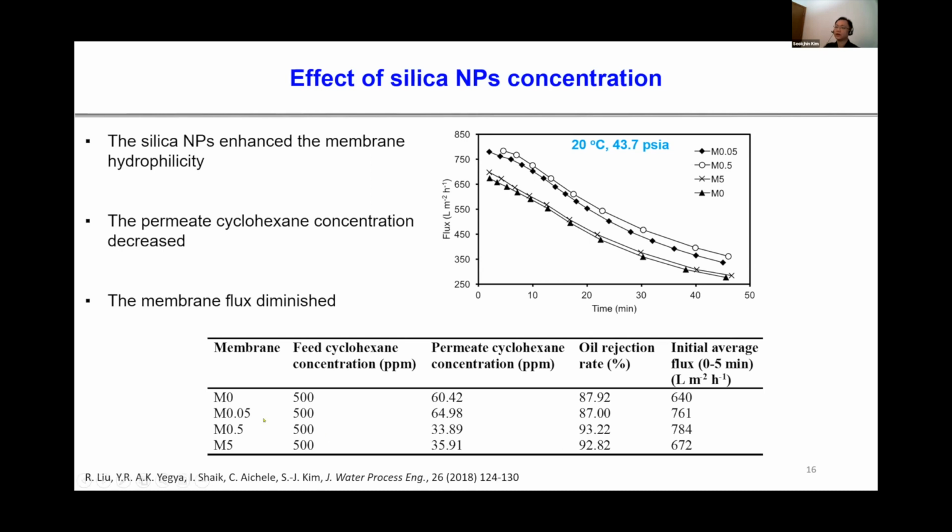Then, when comparing M.5 and M5, although more silicon nanoparticles provide higher hydrophilicity on M5, the flux of M5 is around 670, which is lower than the 780 of M.5.